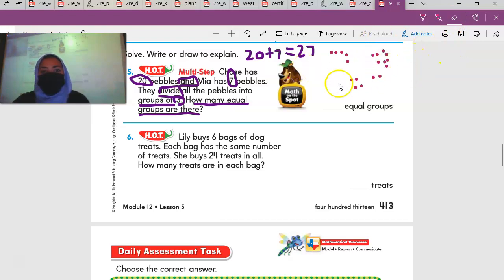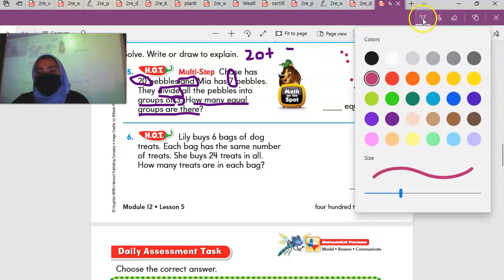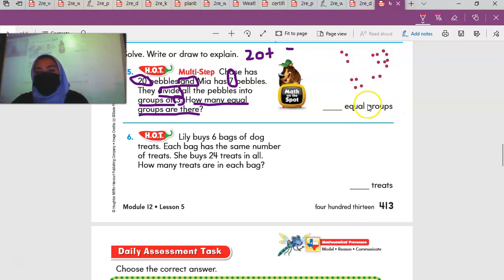All right, so let's try that again. So they want 3 in each group, so I'll show you how to do that. So this is 1, 2, 3, right? 1, 2, 3. How many pebbles do I have on the page so far?